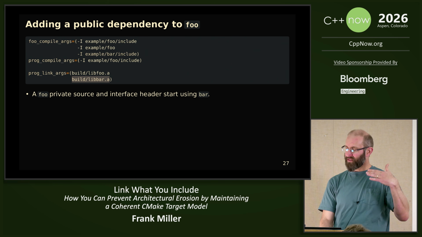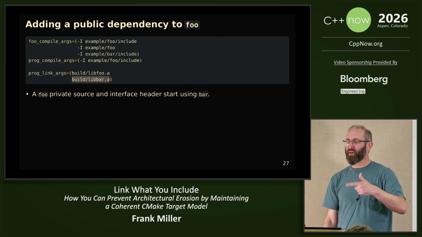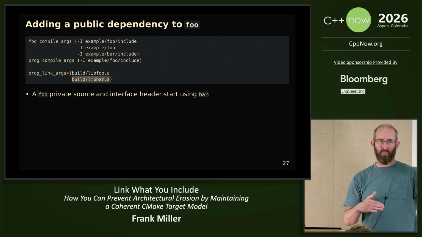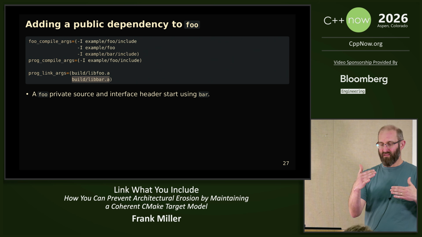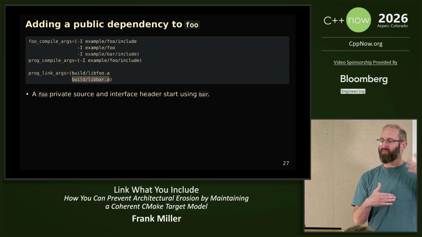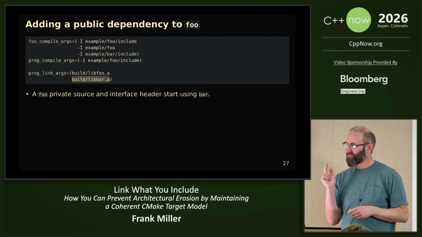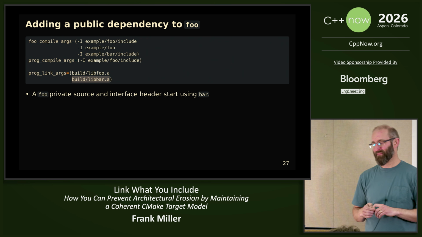Okay, so let's continue. What if foo depended on bar, but publicly? Suppose one of the interface header files had a class and it had a private member that depended on this bar something. I'm going to keep messing that up, so Vito, keep me on my toes.